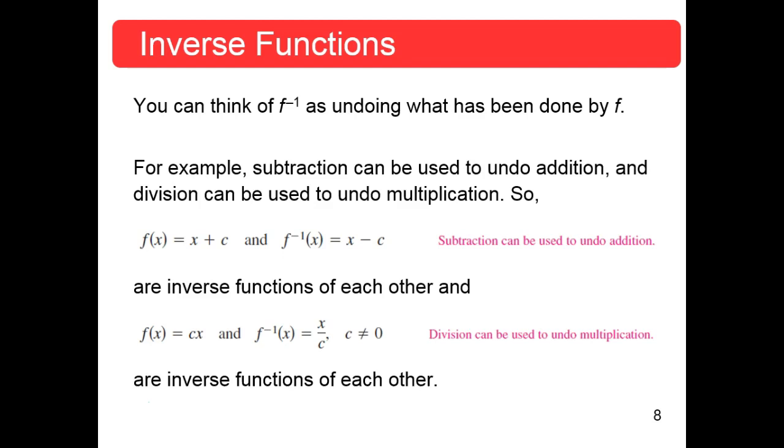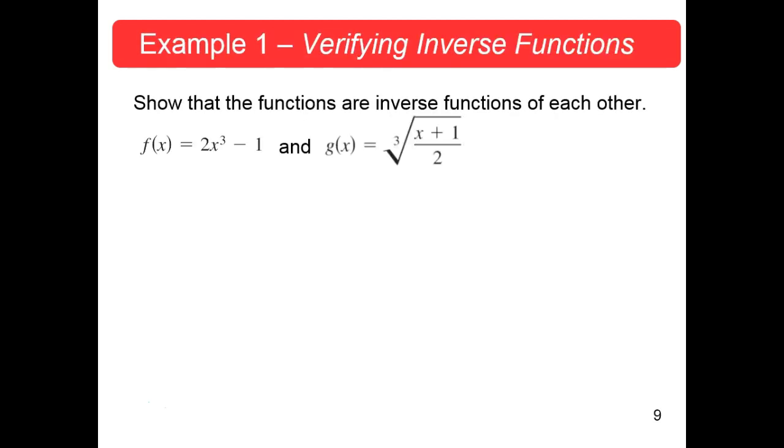But these are inverse functions of each other. The others are operations. Now, of course, c can't be 0 here, but c wouldn't make any sense being 0 here either. f of x equals 0 times x, that's 0. If you want to take the derivative of 0, it really has no derivative.